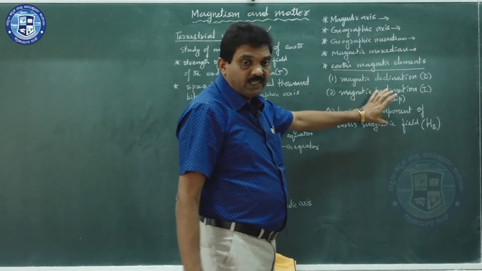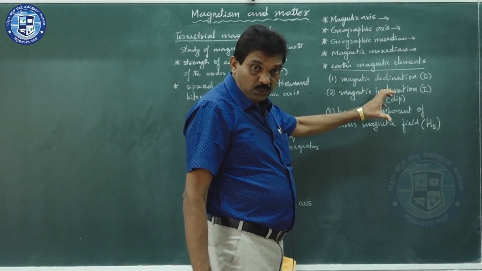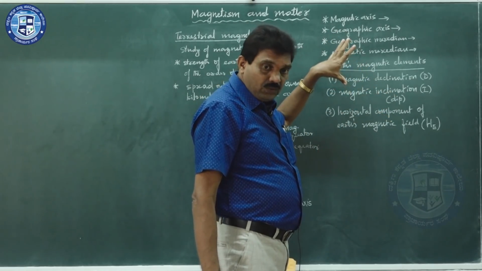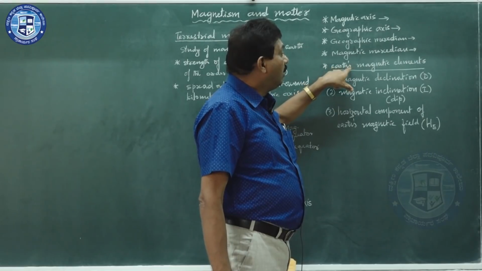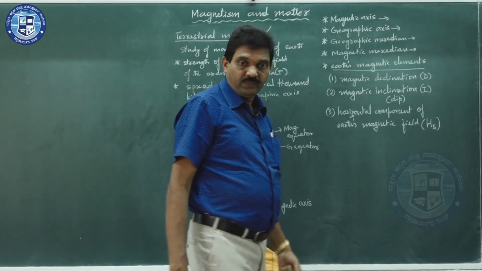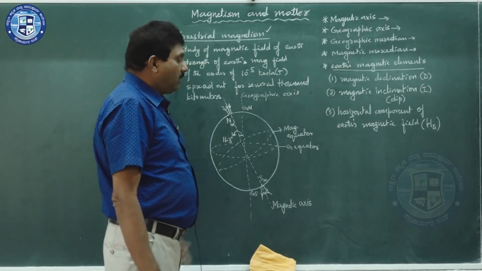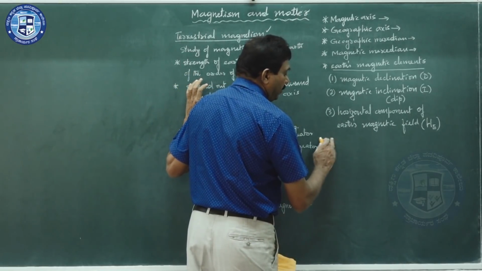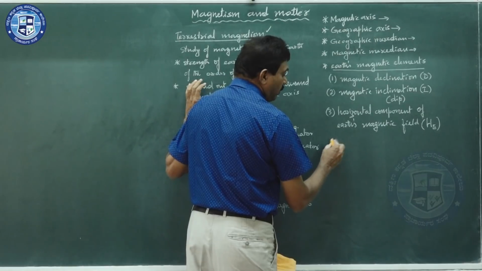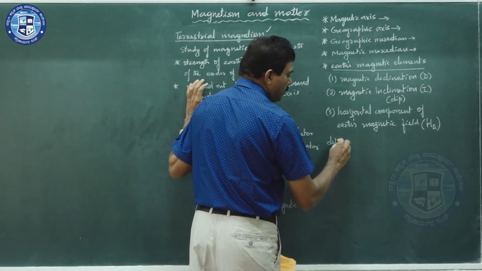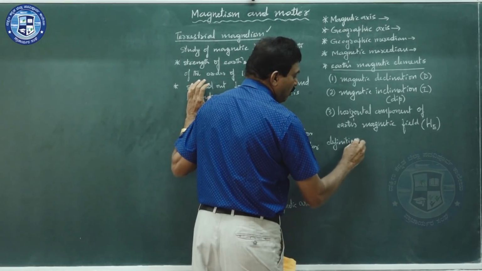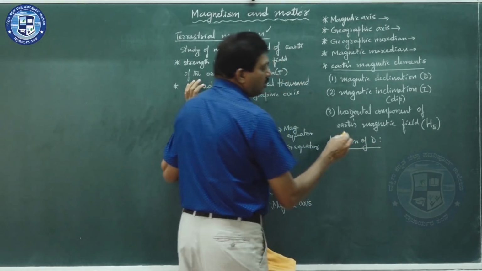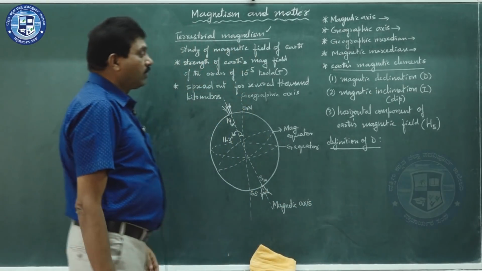These three Earth's magnetic elements are used to completely study the Earth's magnetism. We will take them one by one. What is the meaning of D? First one is the definition of declination.